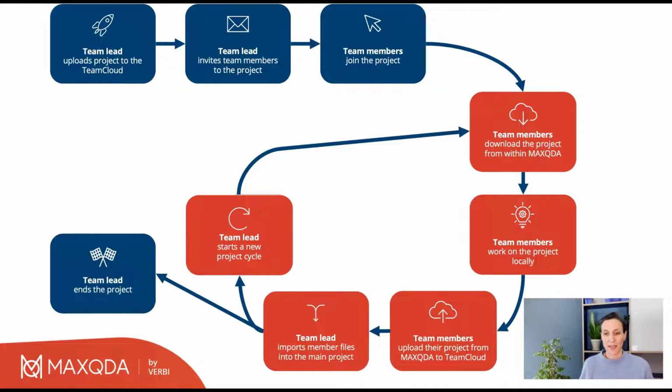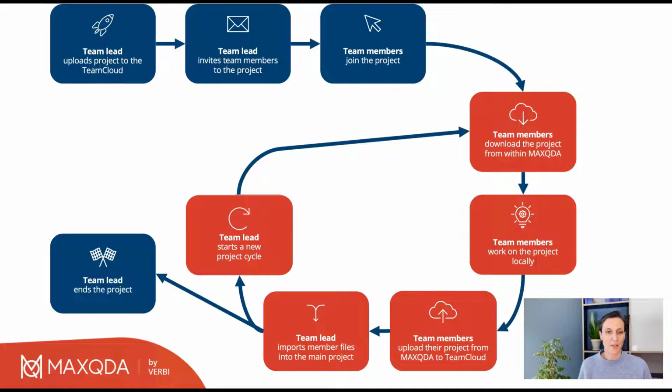And then when they're done, they upload the work they've done. The team lead is notified and can then import that into the main project file and then decide if the teamwork is finished after one cycle or start a new project cycle by now providing the new and updated project file to each of the team members. So the cycle continues as long as it needs to.